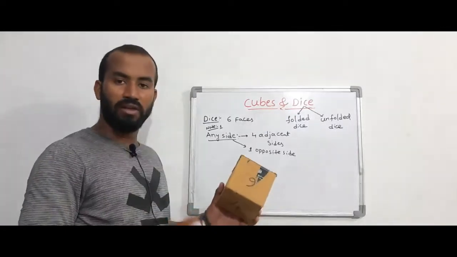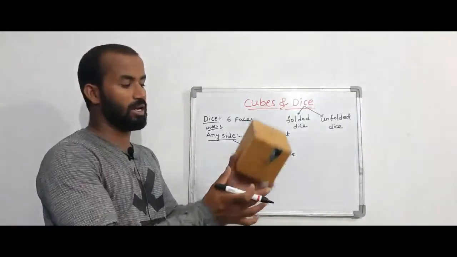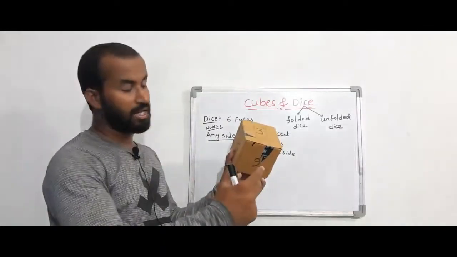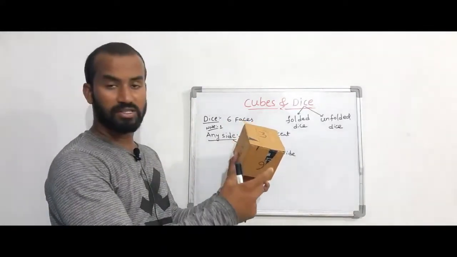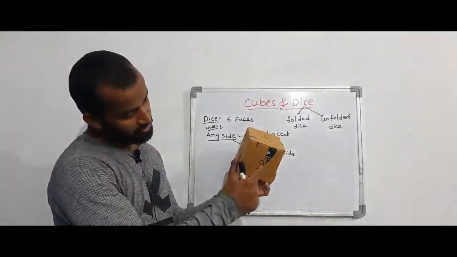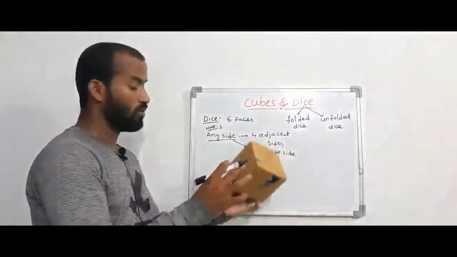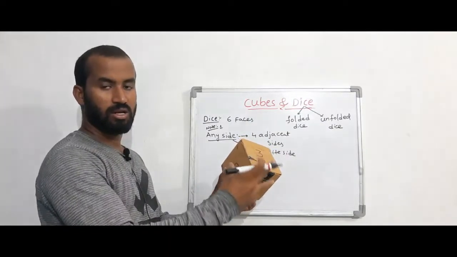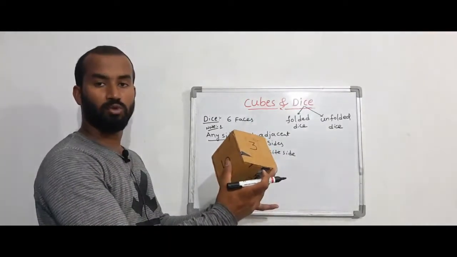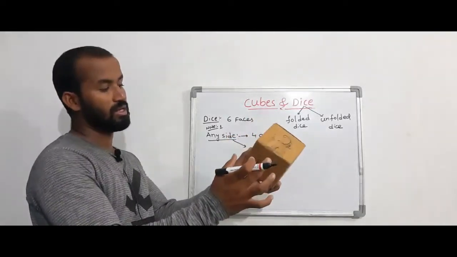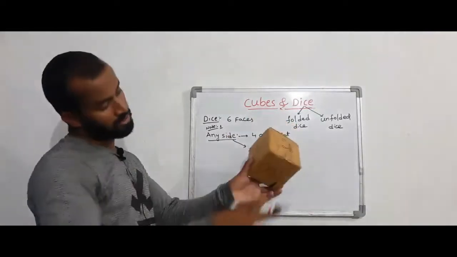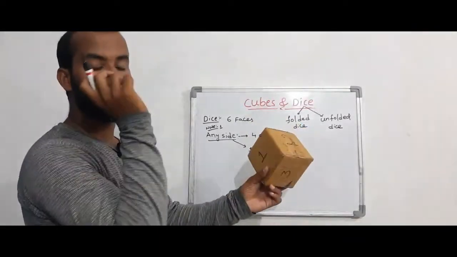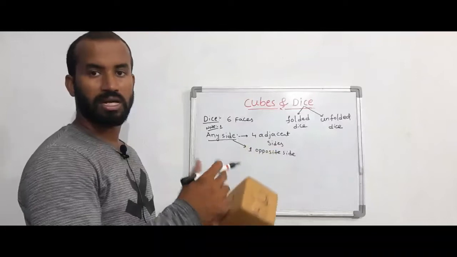Now, in one view, see, this is the view, right? I am rolling the die. From that side, I am able to see only 3 faces, 3, 5, 6. In one view, I am able to see 3 faces, and the remaining 3 sides I am not able to see. If I rotate like this, in this case also I am able to see these 3 faces. Remaining 3 faces will be hidden.